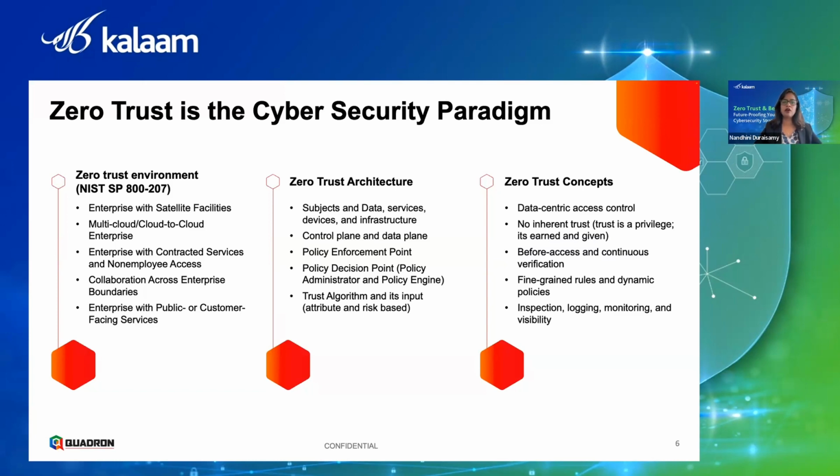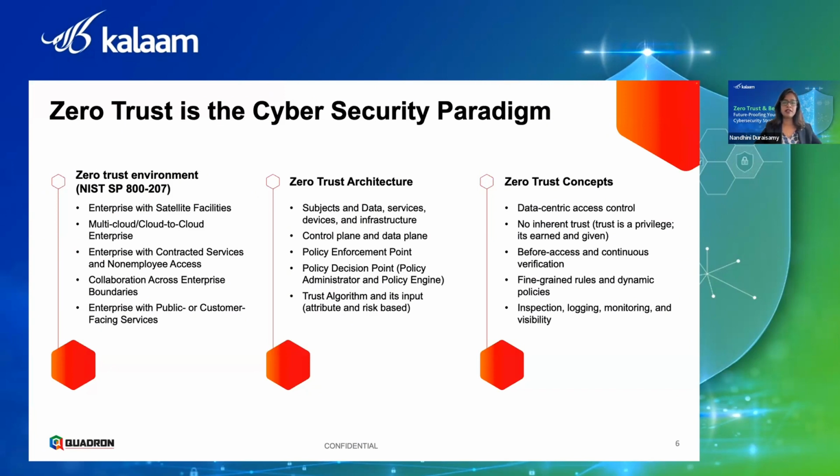Now, enterprise with contracted services and non-employee access. This could be a small or medium business. It means an enterprise relies on external vendors or contractors for specific services, or has non-employee personnel who need access from time to time to its systems. So ensuring secure access and data protection for these external parties is very crucial.